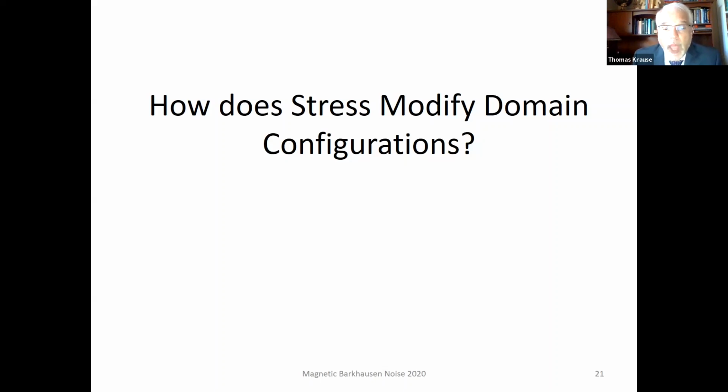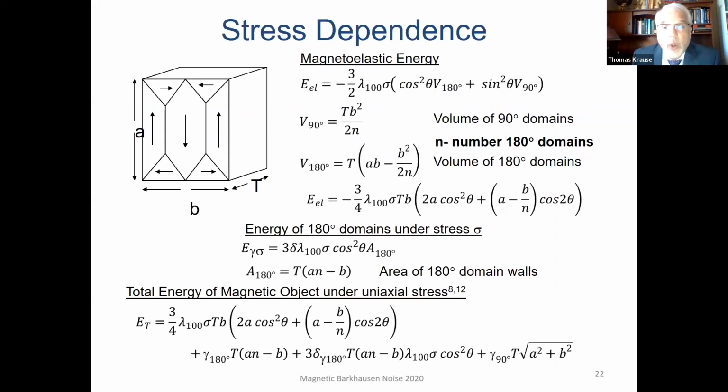And for that, we calculate the total energy of our magnetic object. We have the magnetoelastic term at the top here, and for that, we consider the volume of the 90-degree domain and the volume of the 180-degree domain, and we can input that into the expression. Here the variable that we're really interested in is n, the number of 180-degree domains, because n is going to affect our Barkhausen noise signal.